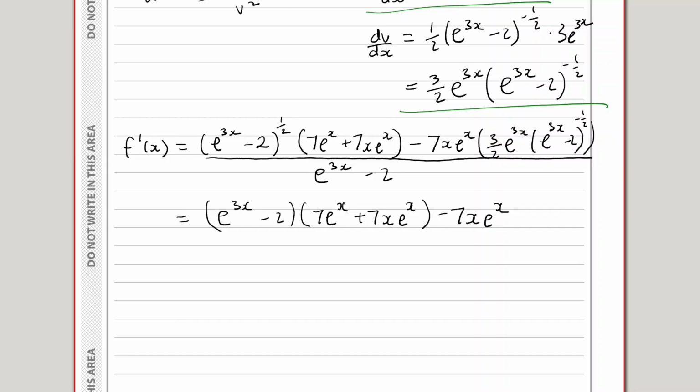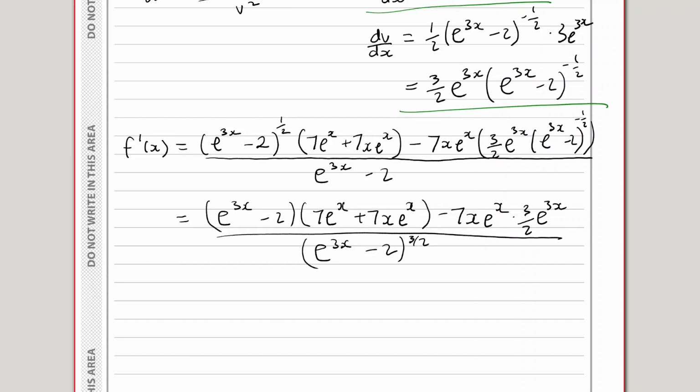So this (e^(3x) minus 2) to the power of minus a half is going to get cancelled out. Something to the power of minus a half times something to the power of a half is the power of 0. So it's going to go, e^(3x). So that's gone. And our denominator is now (e^(3x) minus 2) to the power of 3 over 2.